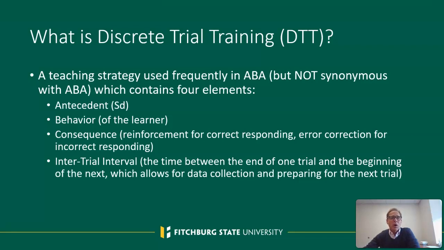And this allows for the teacher to engage in data collection and to prepare for the next trial. There's also some research to suggest that opportunity for the learner to consolidate what they've learned during that trial can be beneficial as well.